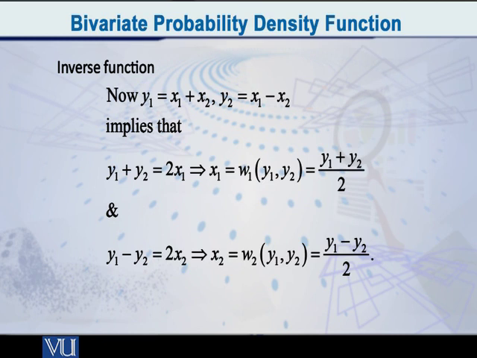Students, if we want to write this more formally, we will write x1 is equal to w1 of y1, y2, and that is equal to y1 plus y2 over 2. Also, x2 is equal to w2 of y1, y2, and that is equal to y1 minus y2 over 2.